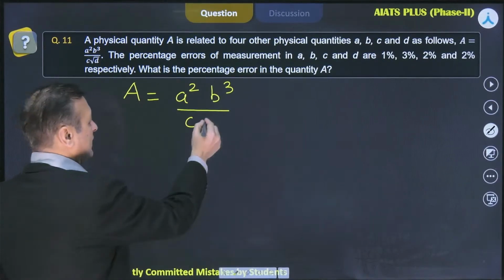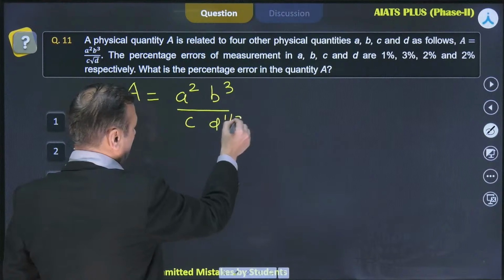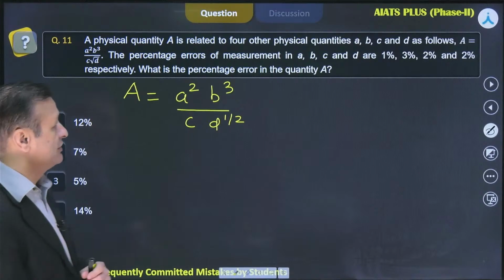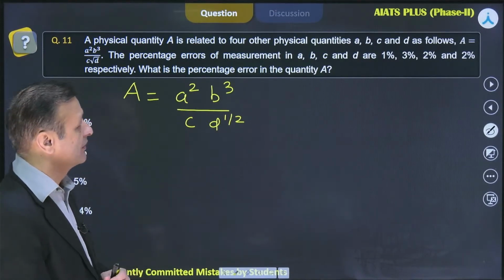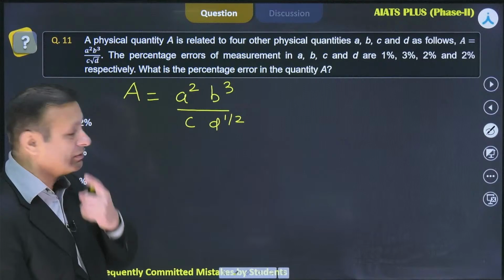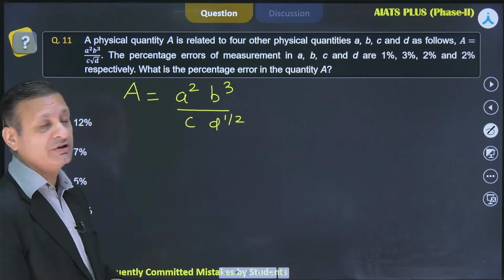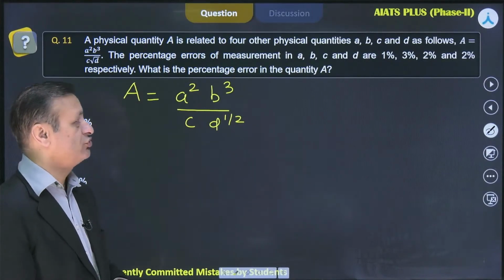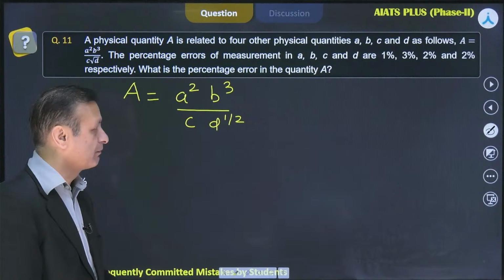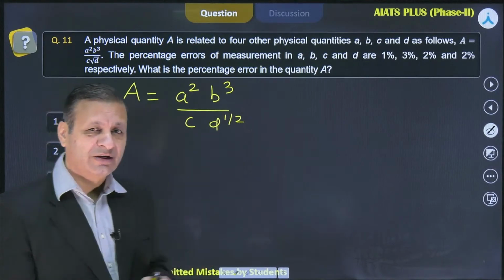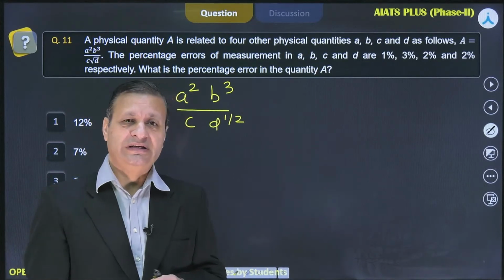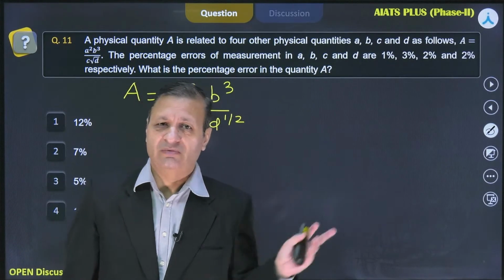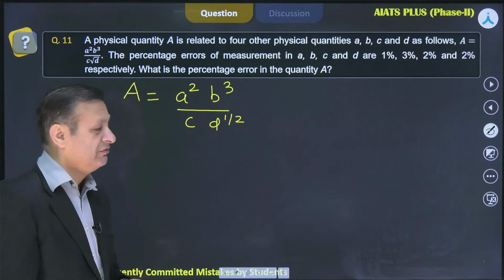I am writing root d as power 1 by 2. The percentage errors of measurement in a, b, c and d are 1%, 3%, 2% and 2% respectively. What is the percentage error in the quantity A? This is a very standard question which has been asked in NEET PYQs also. This is very important and we have been dealing with these kinds of situations very often.